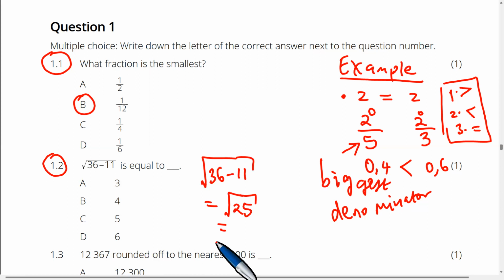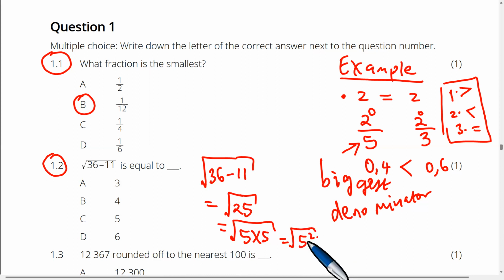Because if you take the number 36, you subtract 11, you get 25, and therefore the square root of 25, because 25 is 5 times 5, can be written as 5 squared.